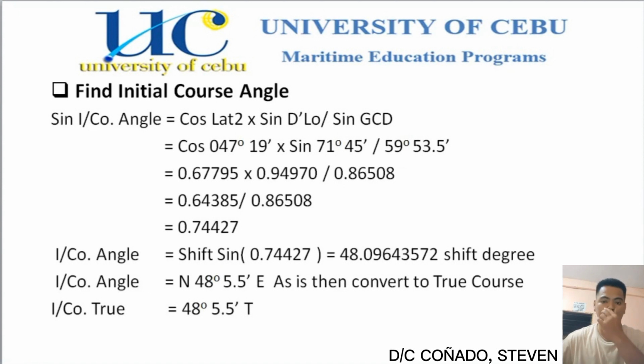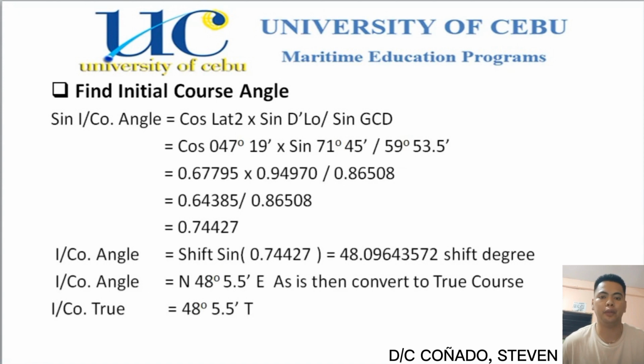Next is the initial course angle. We need to use shift sin, and then the total of the initial course, and the result will be 48.096472, shift degrees. Then we need to copy the sign. The sign of the first one, latitude 2, is north.